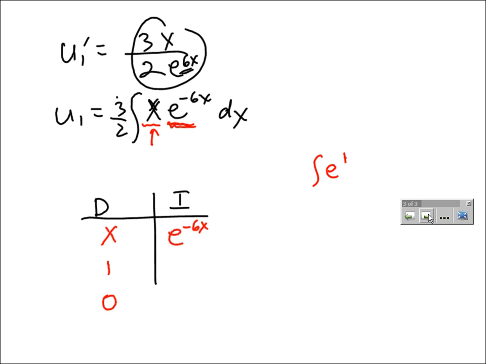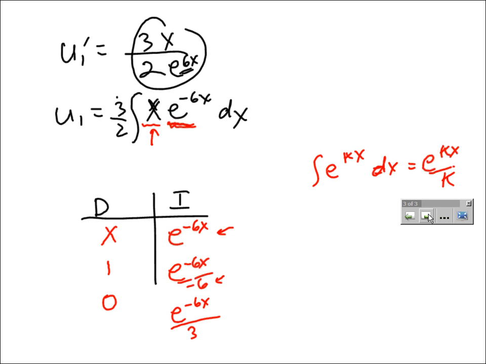Remember, the integral of e to any constant times x dx is just e to the kx, and then you divide by k. So our k is negative 6. When I integrate that, I'm going to get e to the negative 6x over negative 6. And when I integrate it again, I get e to the negative 6x over, and multiply that by negative 6 again, 36. And now we're ready to read off the integral.